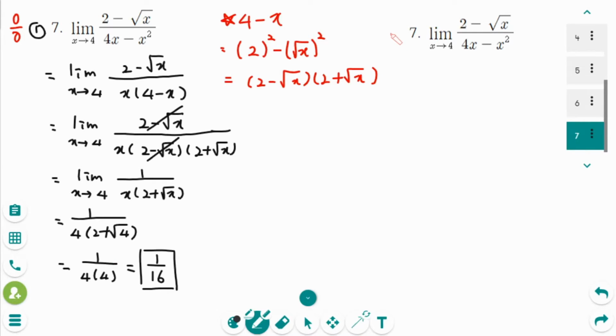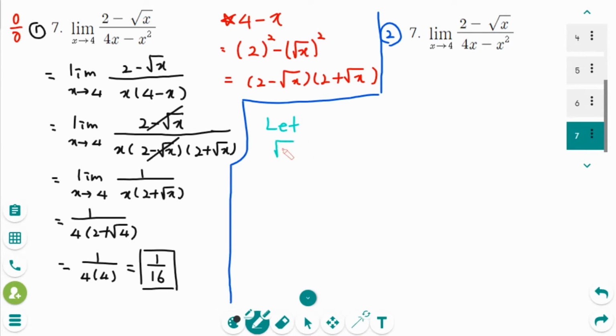The second method to solve uses substitution. I think this technique is easier than the first one. Let the smallest term, square root of x, be a. Square each side to get x equals a squared. So x equals a squared here.